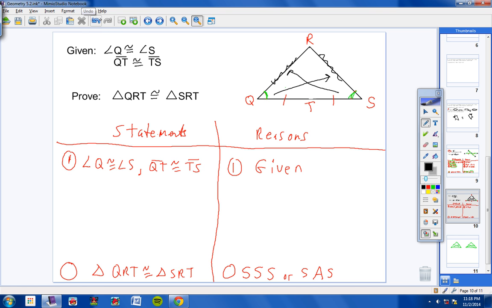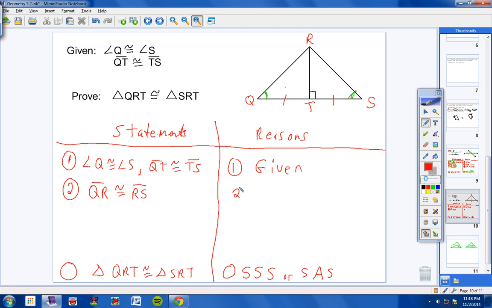So, let me go ahead and put all this back up here real quick. I can definitely state in my proof that, now watch this, QR is congruent to what? RS. And what would the reason be?